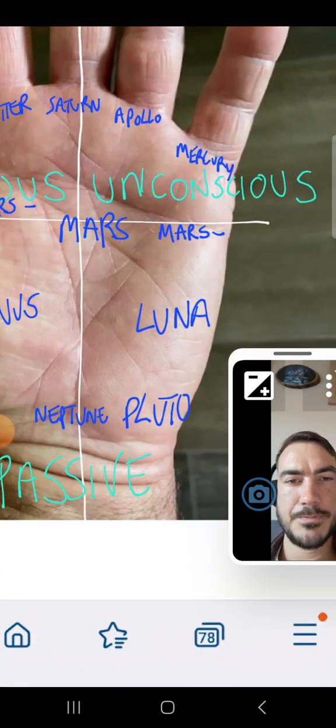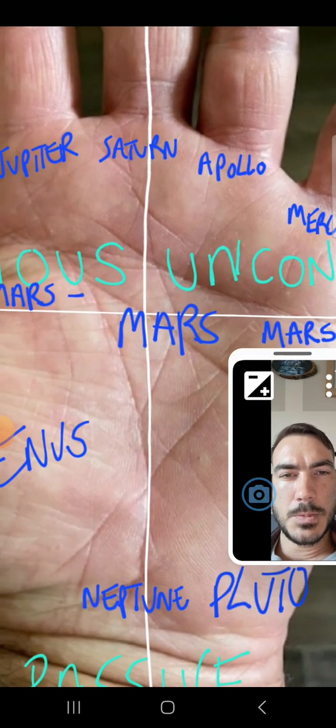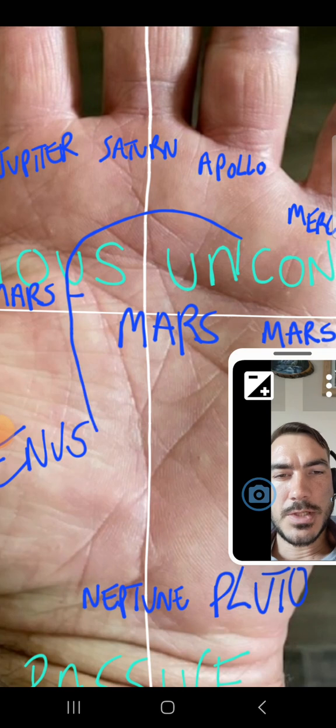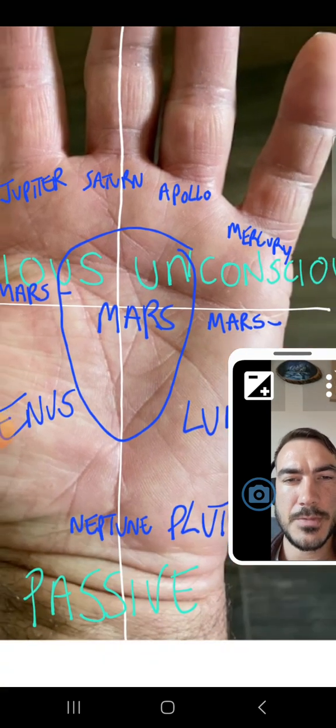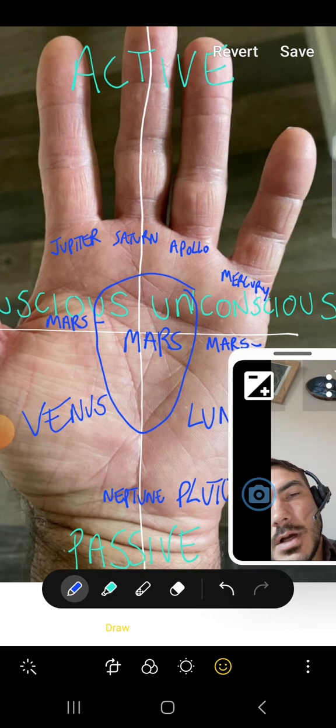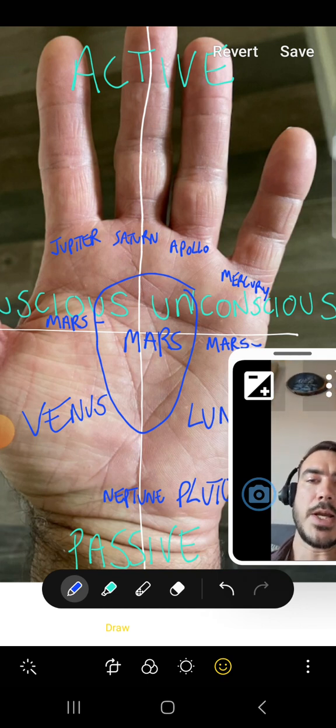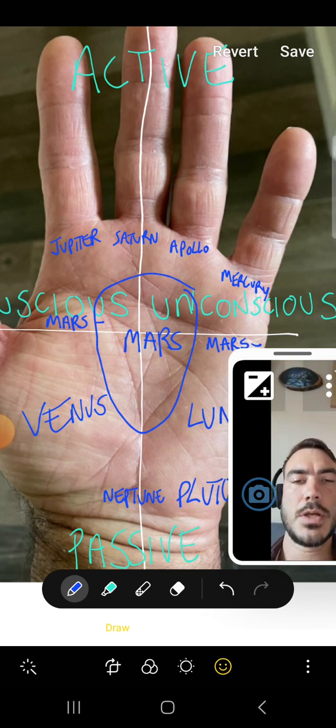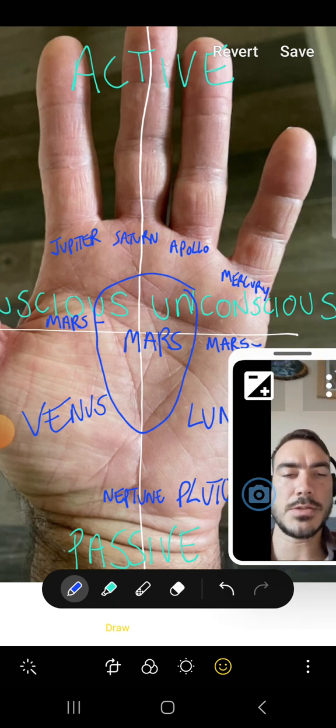Bit of a mess. So the central plane of Mars here encompasses how we see others and how others see us, how we react and interact in our social settings.